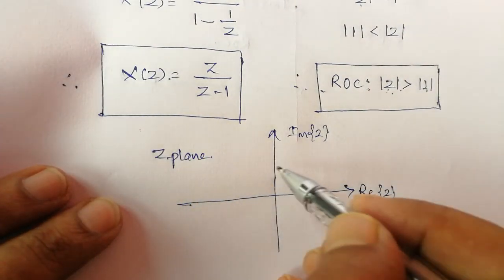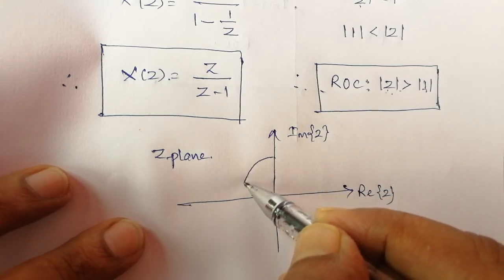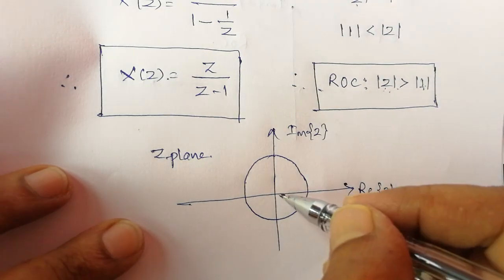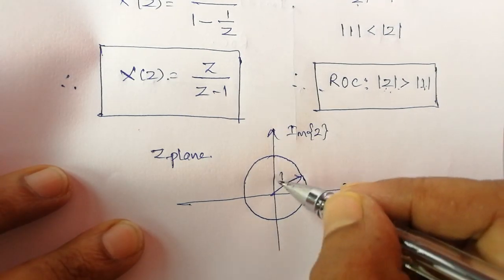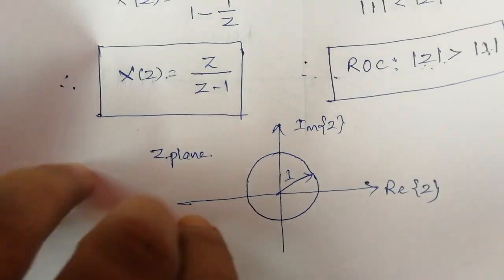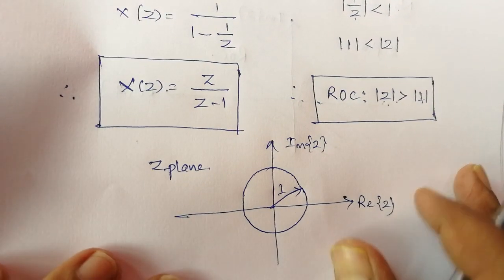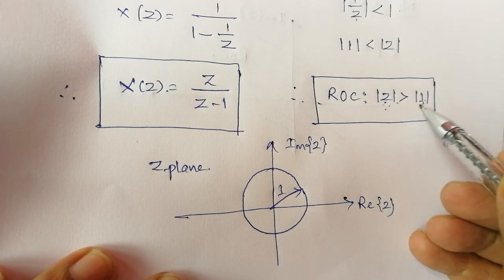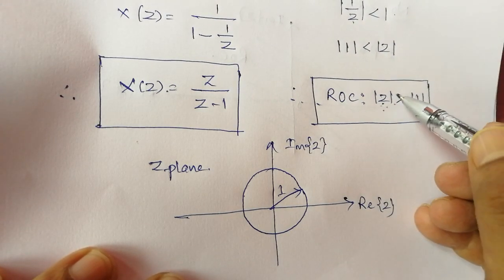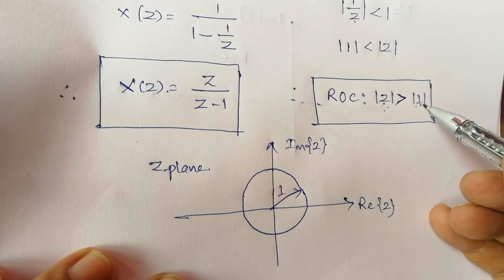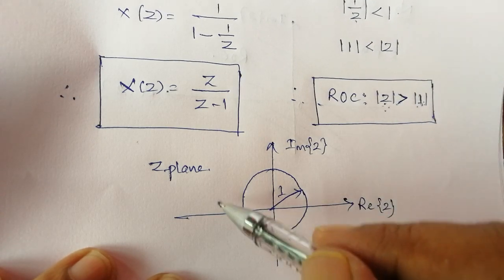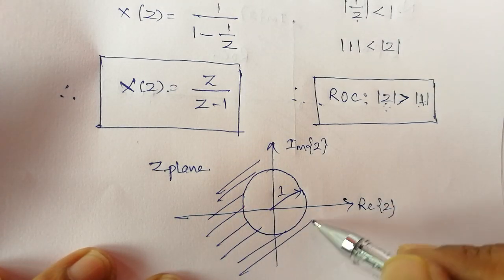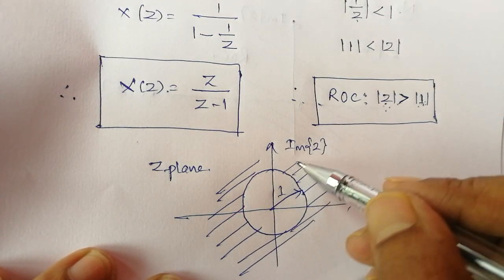Let us sketch a circle on the z plane with radius 1. As per this ROC, mod of z greater than 1 means the ROC lies outside the circle of radius 1. These lines indicate the ROC.